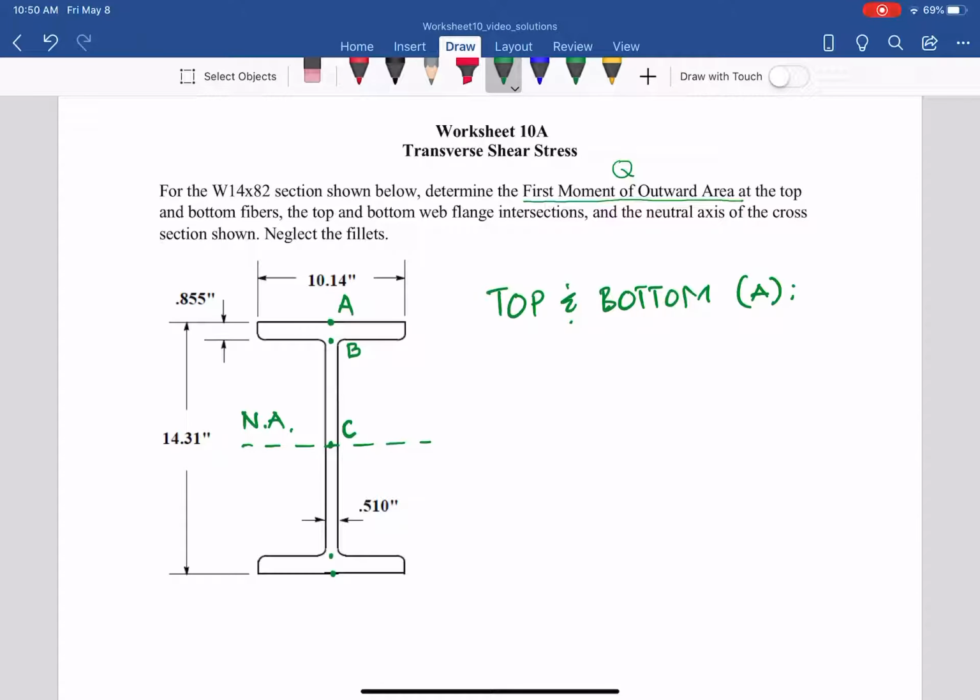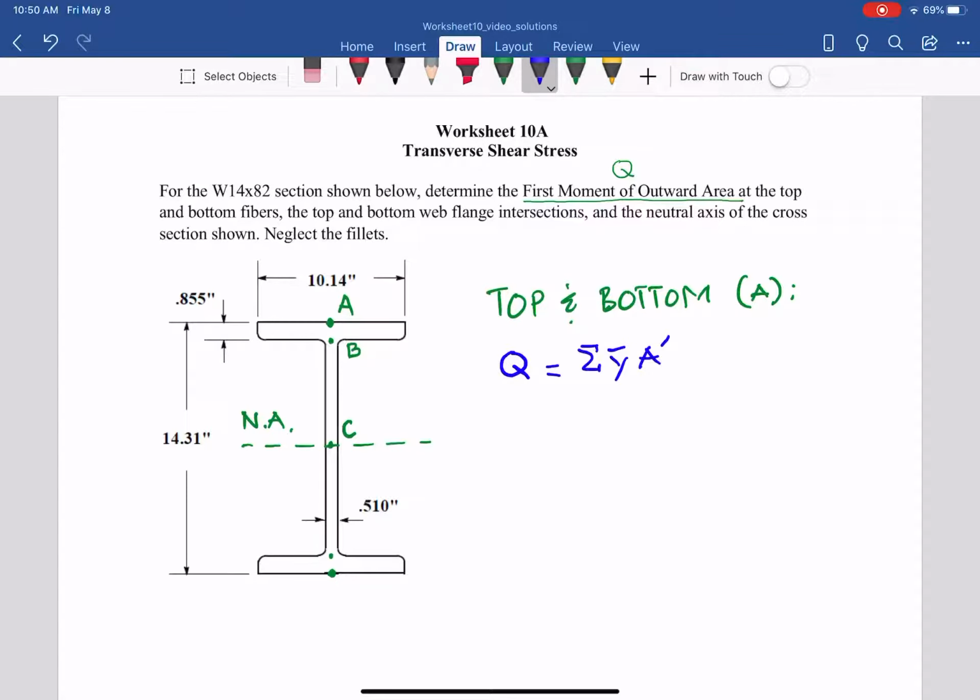These two, top fiber and bottom fiber, like I said, are symmetrical. It should be the same. The equation that we have, since this is a standard shape, for the first moment of outward area Q in this case equals the sum of y bar times A apostrophe.